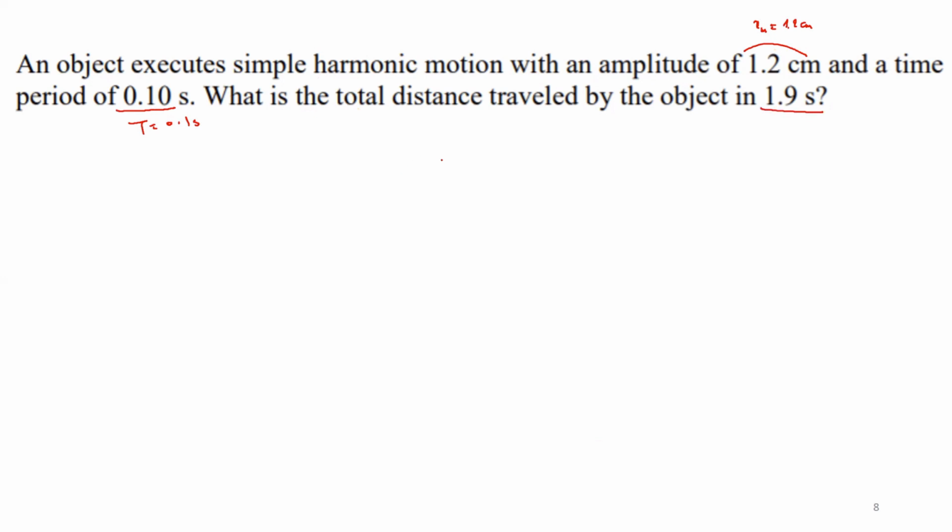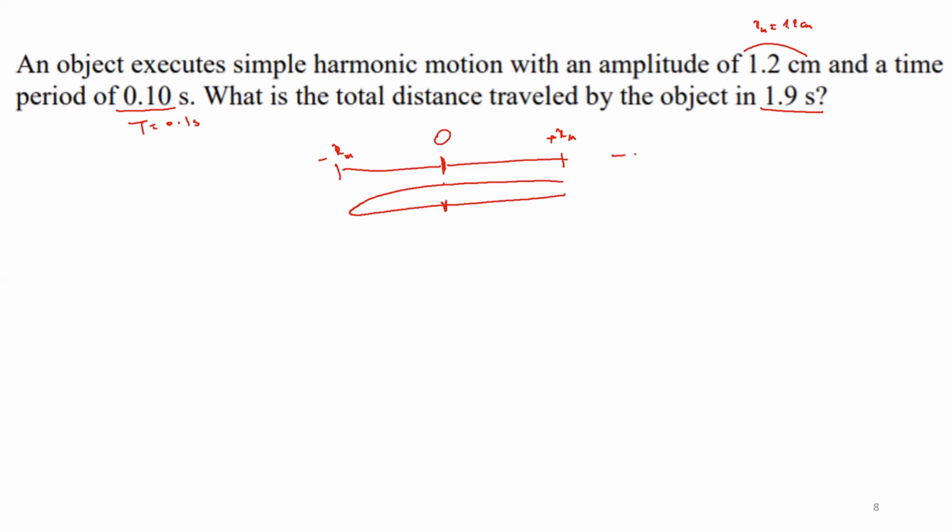Well, just think about what we talked about in class. This is plus x max, this is minus x max. Let's assume that I start from x max. What is the period? The period is the time I take to go back to plus x max after passing by 0, minus x max, and coming back to 0.